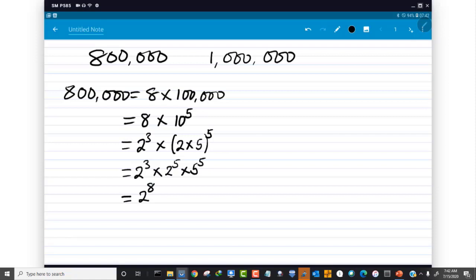That gives us 2 raised to the power 8 times 5 raised to the power 5. So that is our prime factorization of 800,000.